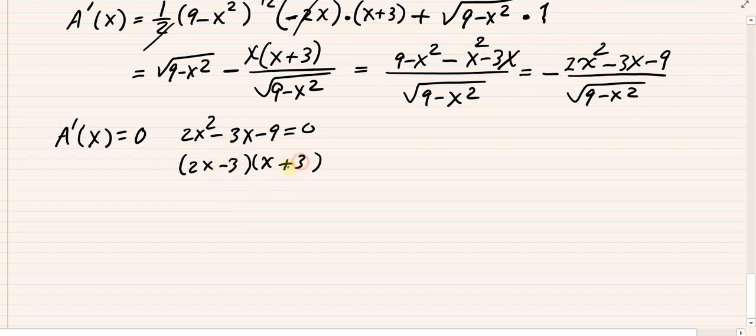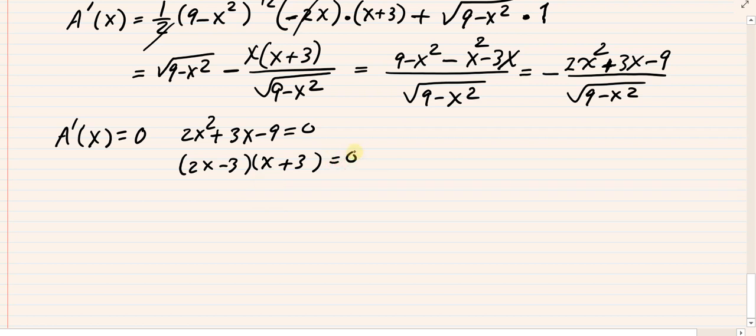Negative 3 and 3. So when you FOIL it, you get 2x squared negative 9, that works. And then the OI part of FOIL, that's positive 6 negative 3. Yeah, that should work. Oh, hold on. 9 minus x squared, negative x squared, negative 3x. This should be positive, because I factored negative. That's why.